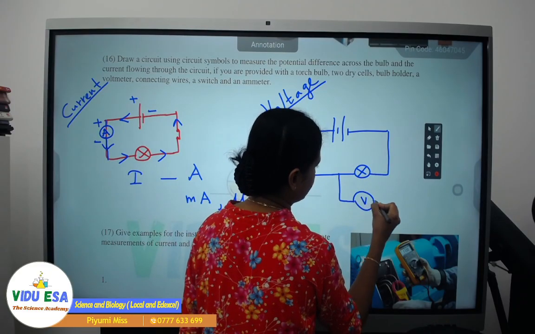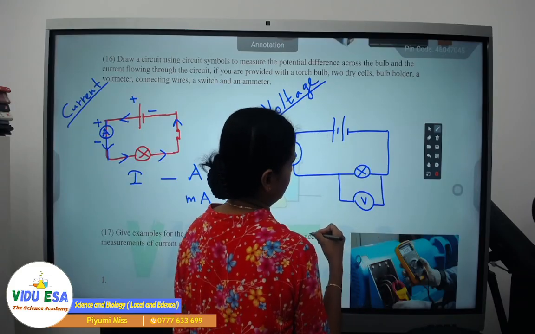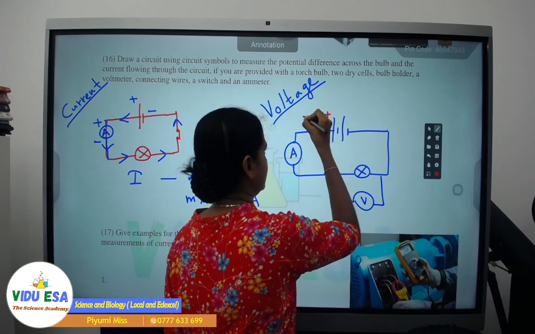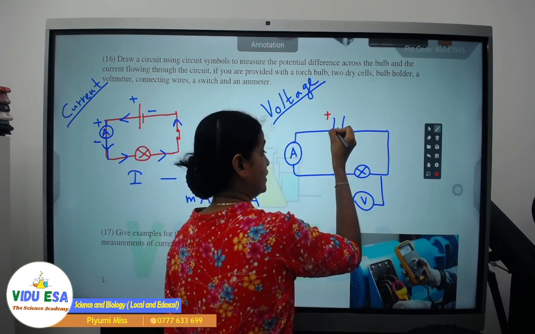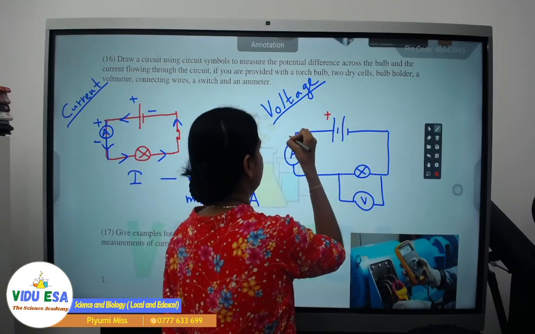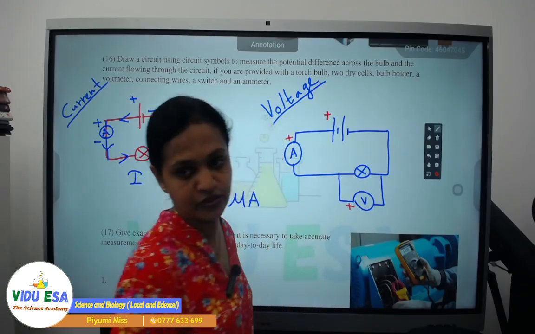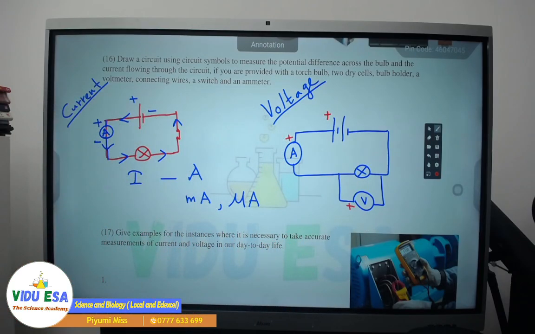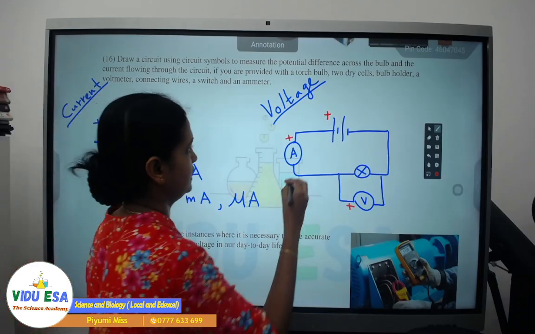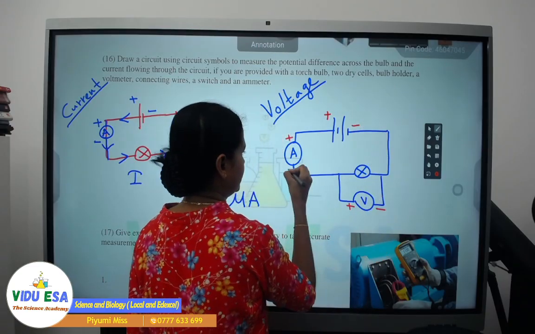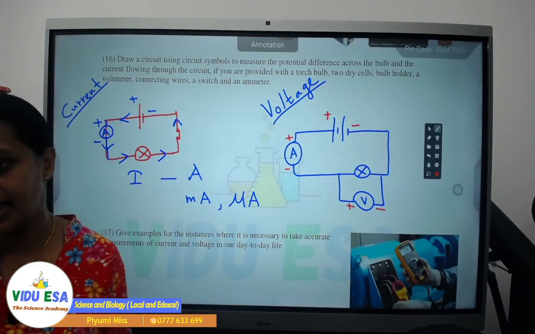Therefore, you have to connect the voltmeter in parallel. Right? There also we have to follow the method: positive terminal of the cell or the external electric supply to the positive terminal of the ammeter as well as to the positive terminal of the voltmeter. You have to follow this method, right? Hari. In the same way, the negative terminal to the negative terminal of the voltmeter and the negative terminal of the ammeter.